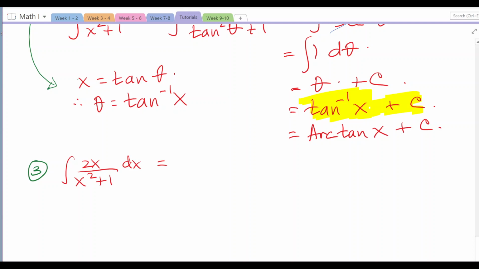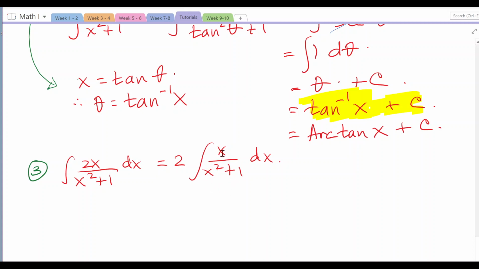So this one is the same as 2 times the integral of x over x square plus 1 dx. We can take the constant coefficient out of the integral sign and leave it with x all over x square plus 1.